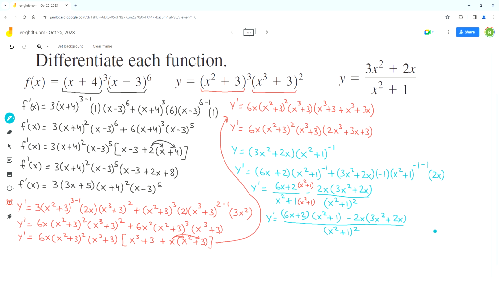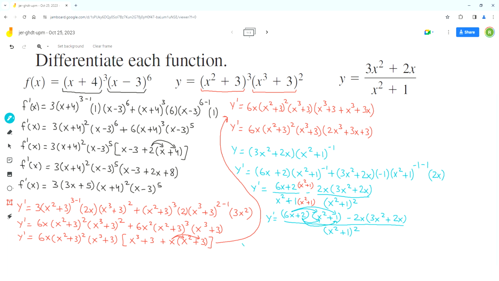Now we have to simplify the numerator. So for the first part, we'll have to distribute the terms in the parentheses using the FOIL method. So we'll multiply 6x by x squared, and then 6x by 1, and then 2 with x squared, and then 2 times 1. So I can start here.